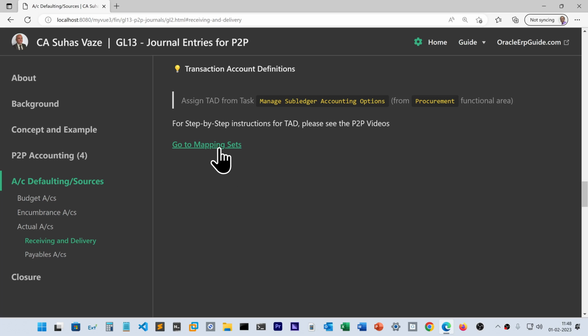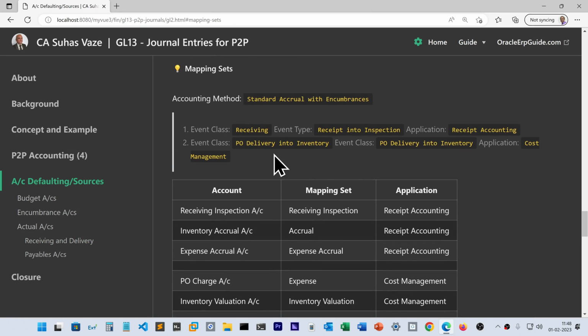Now let us go to the mapping sets. Earlier, we saw many different mapping sets which play a role in doing the final accounting in case the code combination identifier results in a null value, that is a source used in the account rule.